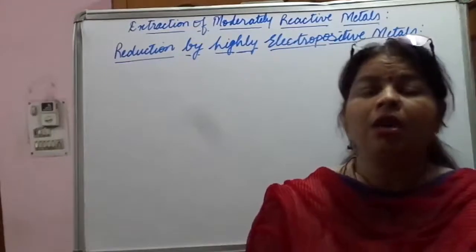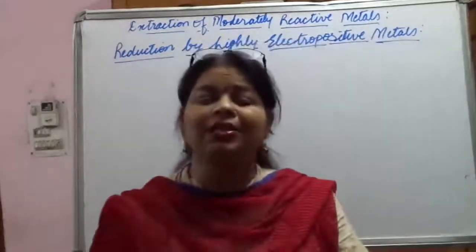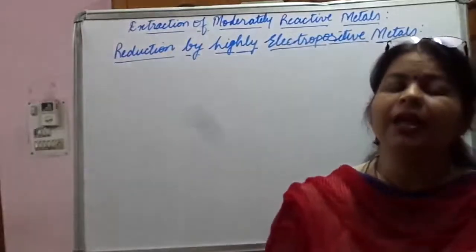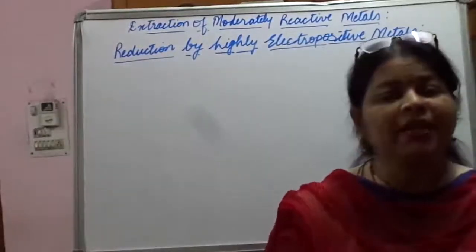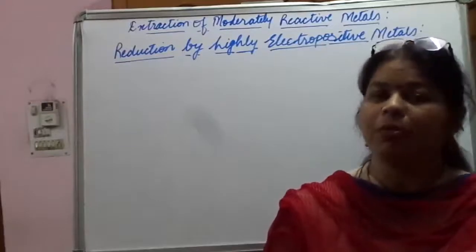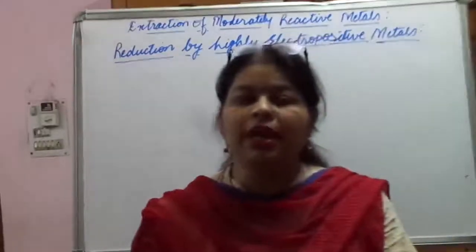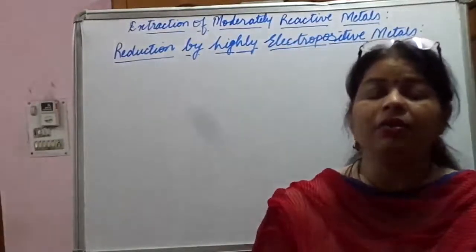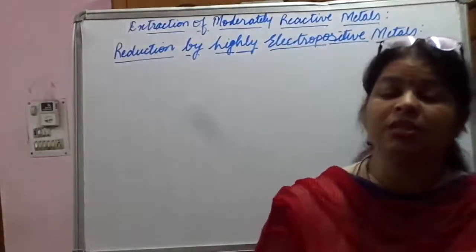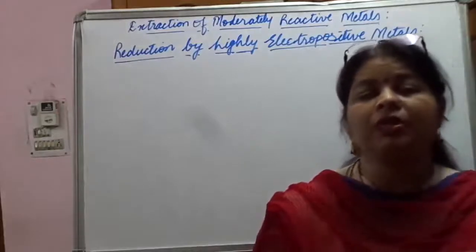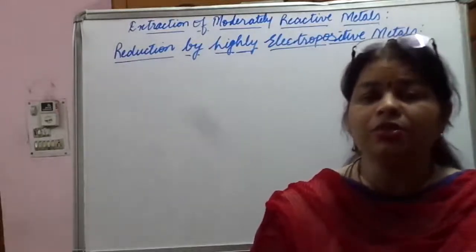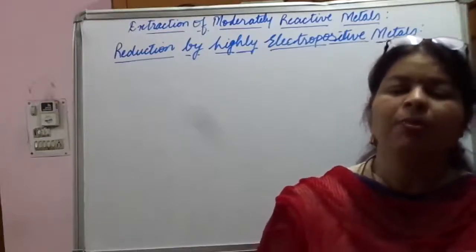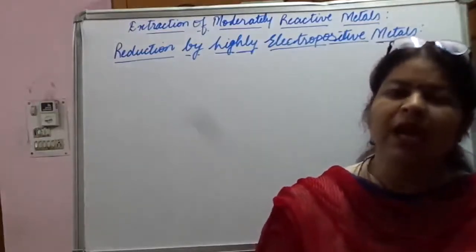Again I am repeating, a more reactive metal like aluminium or magnesium is taken, and it can displace a comparatively less reactive metal from its metal oxide, so that the free metal is obtained. Okay, and here what is used as the reducing agent? This more reactive metal is used as the reducing agent for extracting the impure metal from the metal oxide.